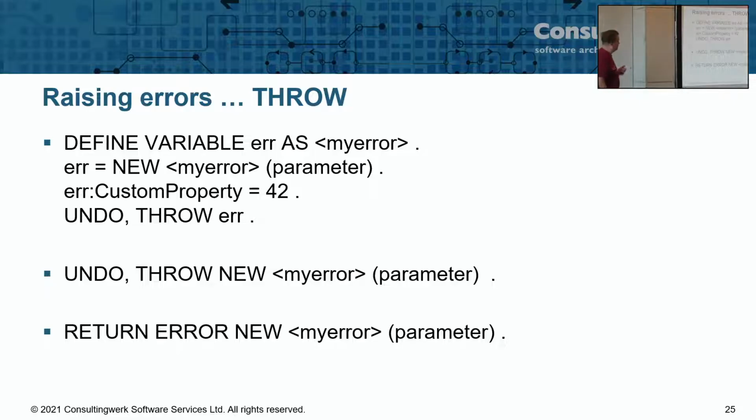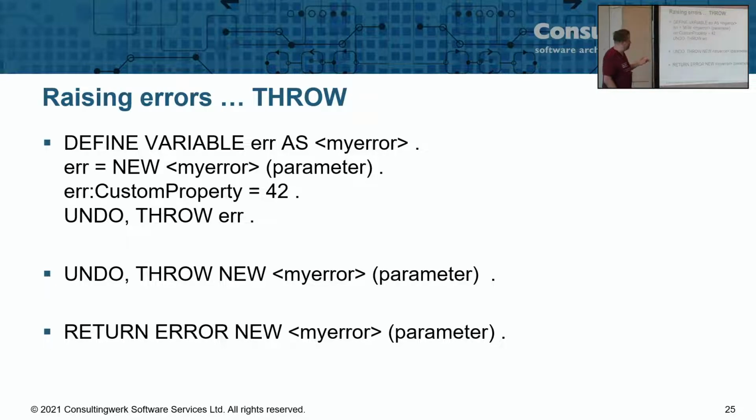So to raise these errors, we can use one of these syntaxes. So we define a variable of the error type, create a new instance with constructor parameters, assign property values, and then use undo, throw error. Or in short form, we use the undo, throw new error, if we don't need additional properties to assign.